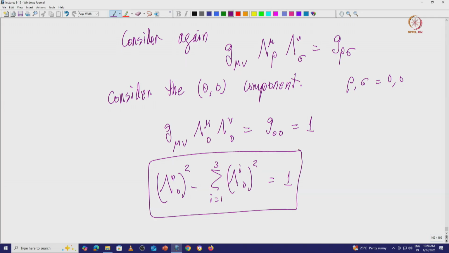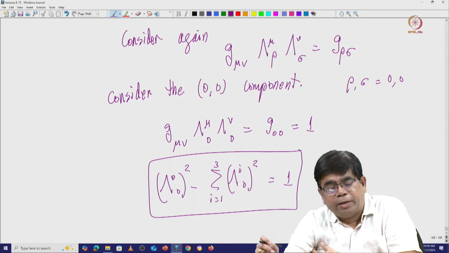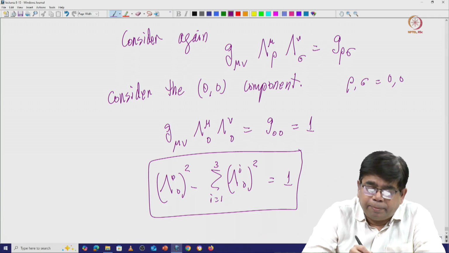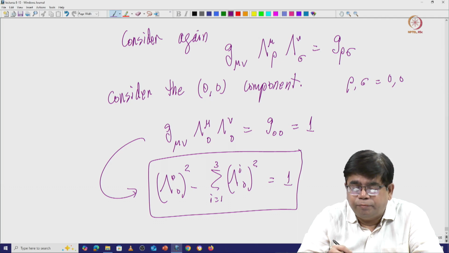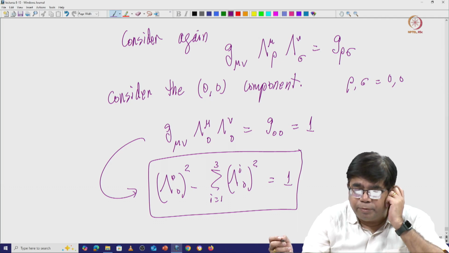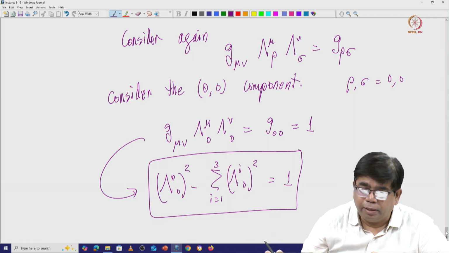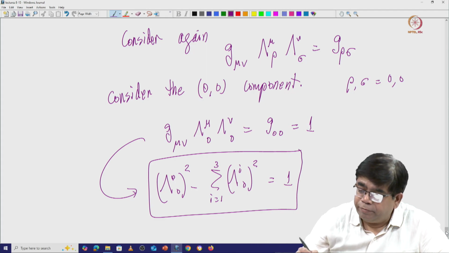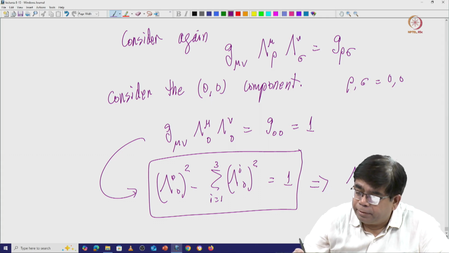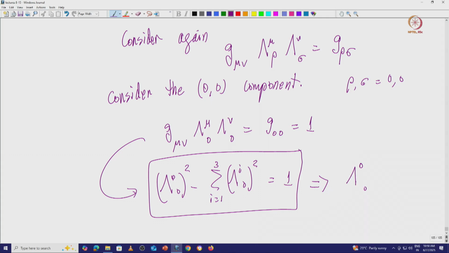You take mu equal to 0 and i essentially, which means this implies lambda 0 0 can either be greater than or equal to 1.